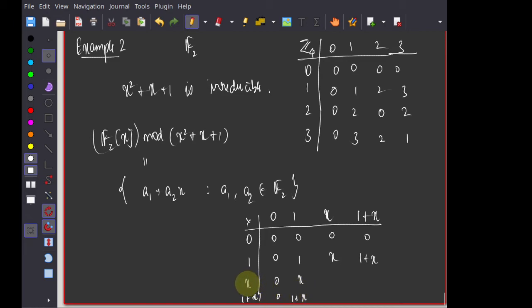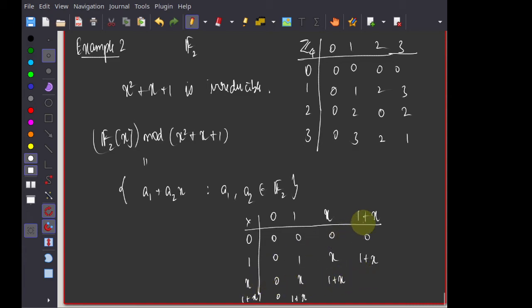What is x times x? X square. What is x square mod x square plus x plus 1? Which is x plus 1, or 1 plus x.